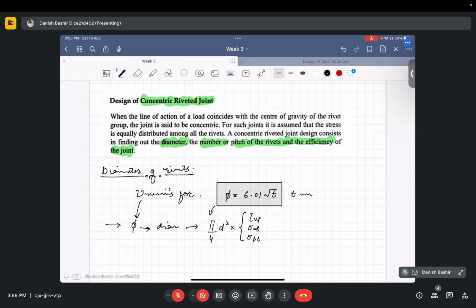We will calculate the strength of the rivet in shearing, tearing, and bearing. Okay, we will take the minimum one. The minimum of them will give the rivet value.